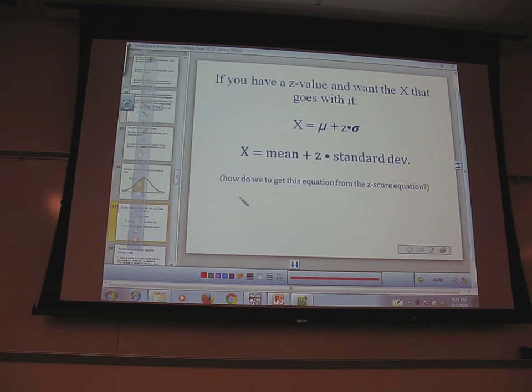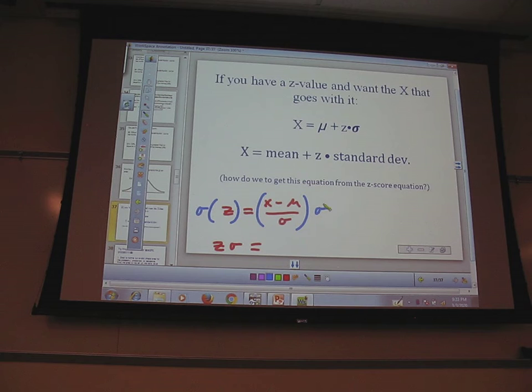And also, think about it, a z-score is equal to your x value minus the mean divided by the standard deviation. If I want to solve for x, I'd multiply both sides by standard deviation. So this side I get z times sigma. This side, these guys would cancel out, so then I'd end up getting x minus mu.